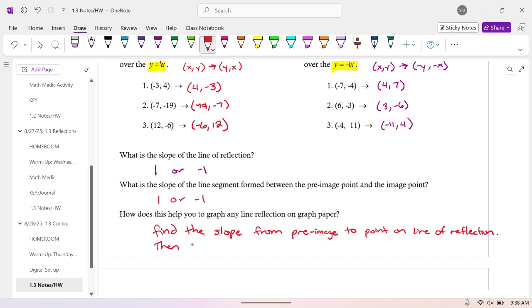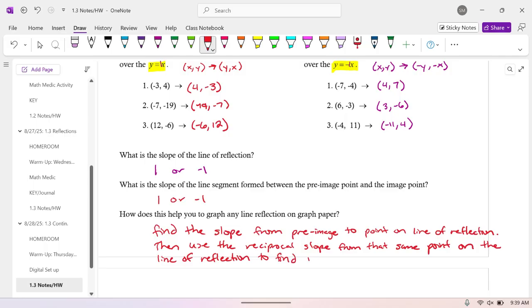Then use the reciprocal slope from that same point on the line of reflection to find the image point.